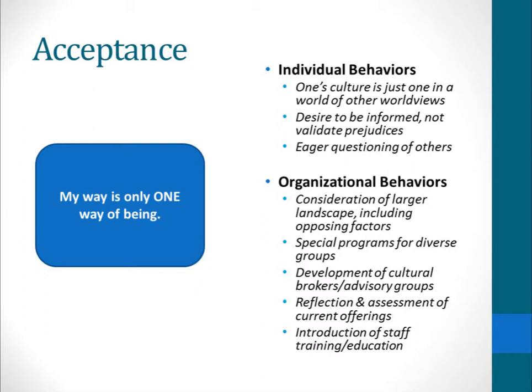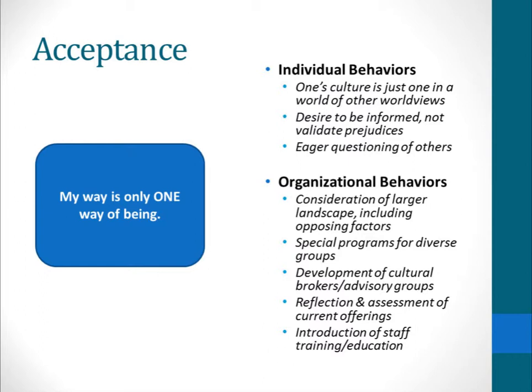At the organizational level, there starts to be narrative around consideration of the larger landscape outside the organization's core practices and walls, especially consideration of environmental factors that might be challenges to the organization's work. Groups that might have what could be considered to be opposing beliefs, and trying to understand how that affects the organization's practice.